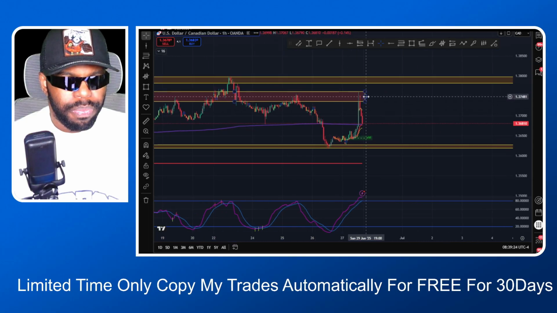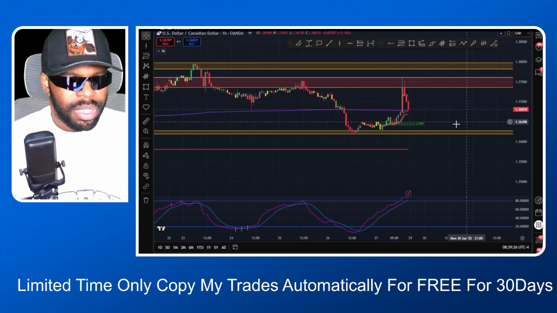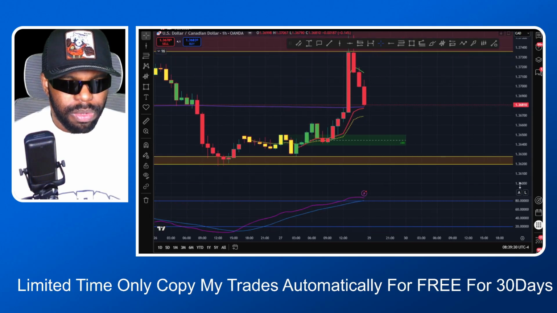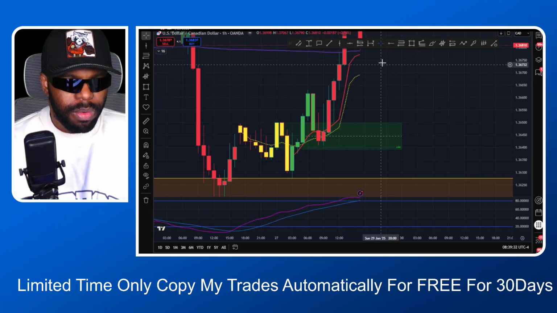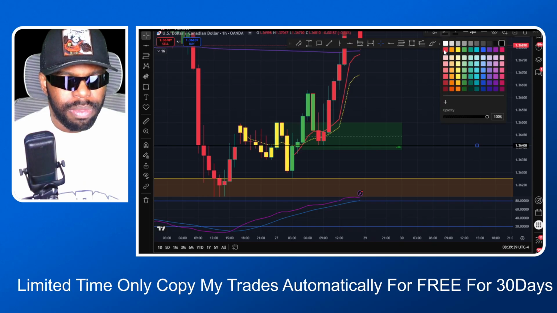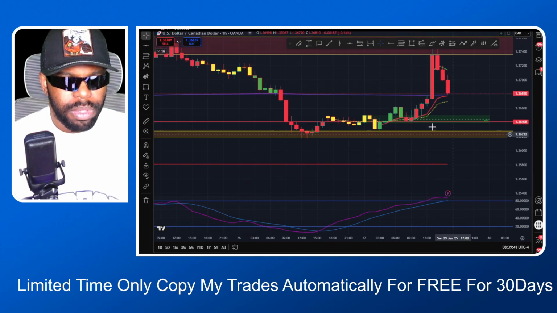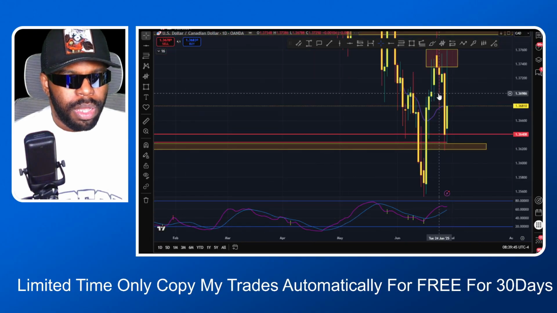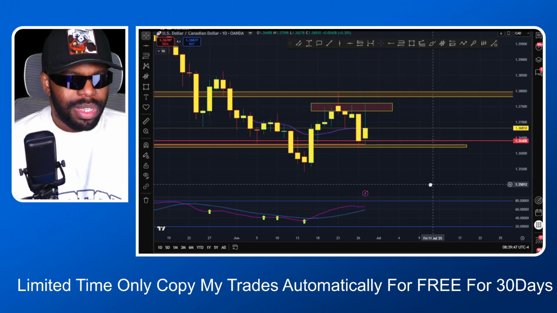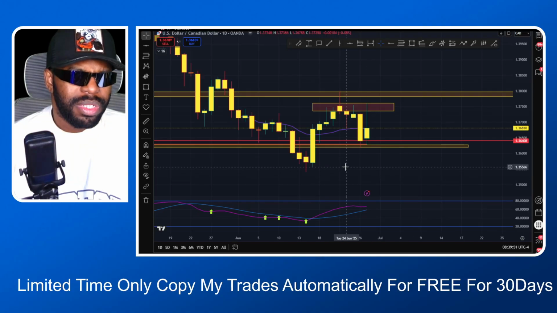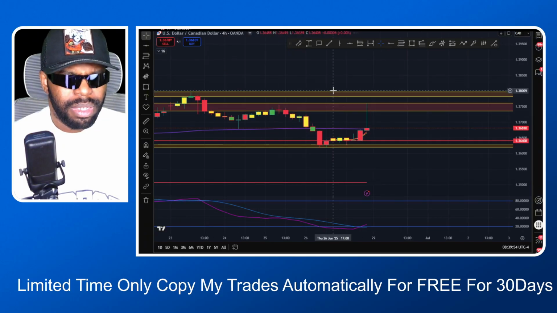This is going to be my previous U.S. session high. And then I can draw my previous U.S. session low down here if I want. When it's that small, I usually just get the horizontal line there. And that'll let me know that's the previous U.S. session low there.